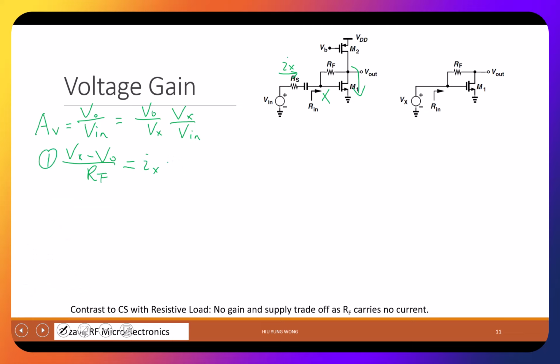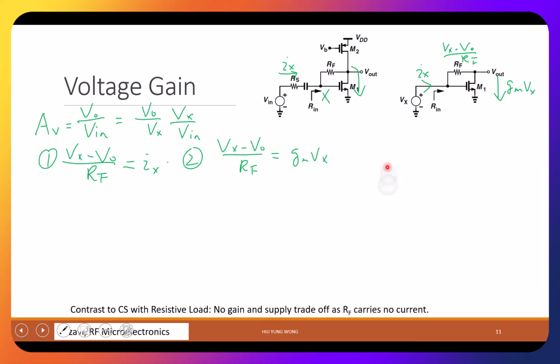This gives me one equation, right? And then I have a second equation, which is Vx minus V out divided by Rf. Where does this current go? If you look at the small signal, they all go to here. Maybe I make this clearer. This is Ix. This is Vx minus V out divided by Rf. And then you have this current, which is GmVx. So that's why I put this as GmVx.